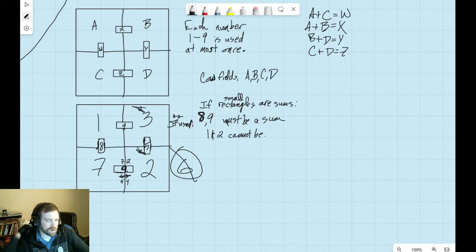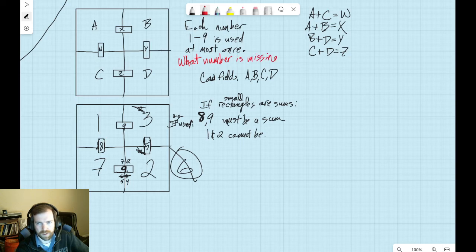And so the question really was, what number's missing? If you know what number is missing, then presumably you have actually solved the entire problem.